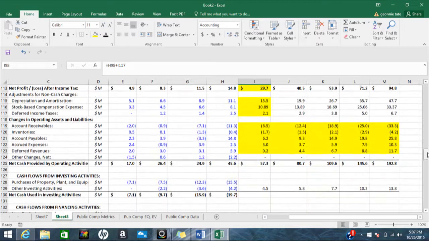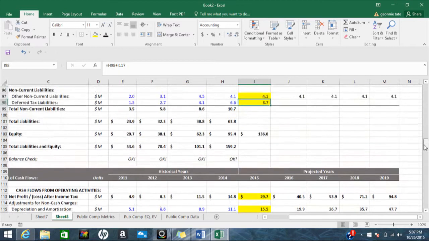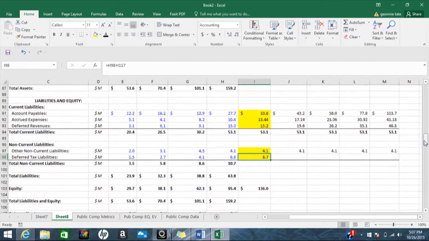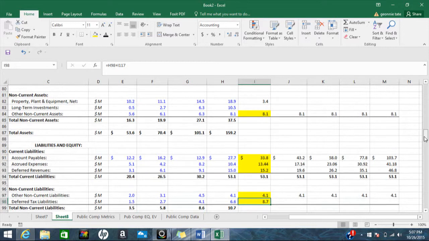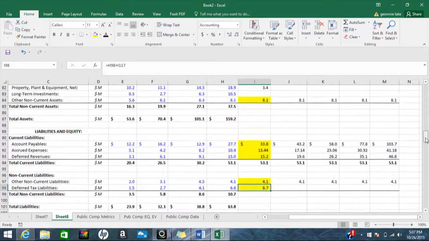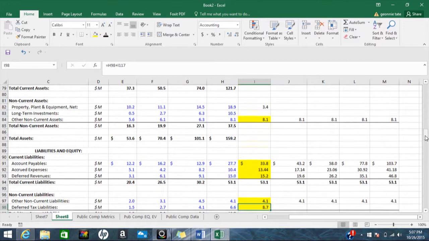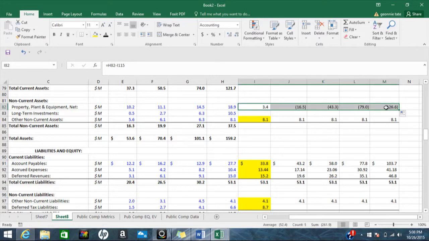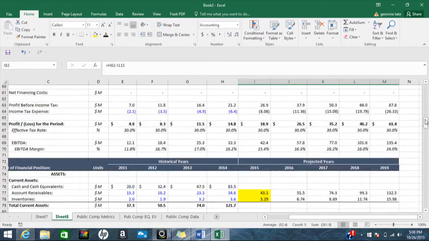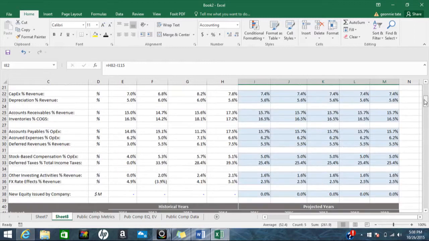And now we're down to property, plant, and equipment and other investing activities. Let me check the top of my metrics to make sure.